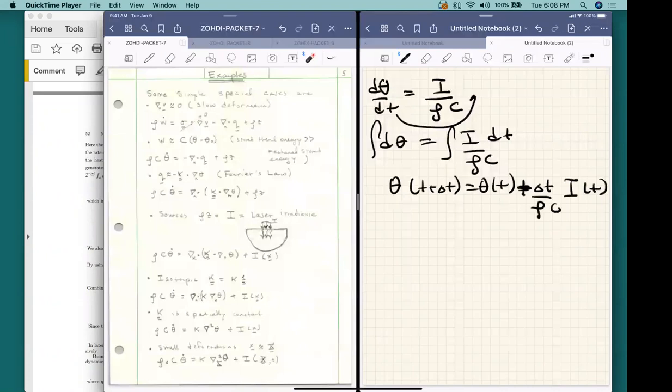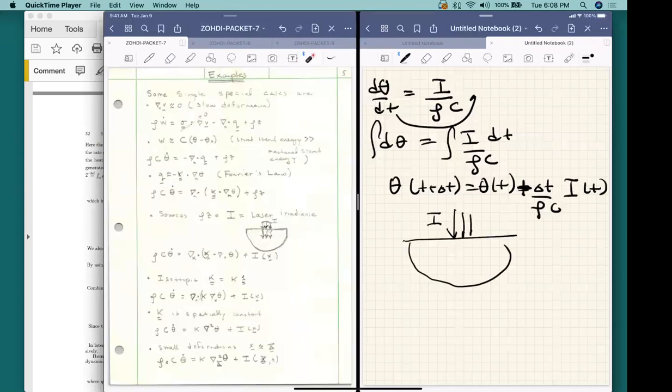Now, let me turn on my light because the sun is setting. Let's ask the following question. My boss comes along and says, look, we've got this object. We are going to zap it with a laser. You have a certain wattage, so you go and size for me a laser.